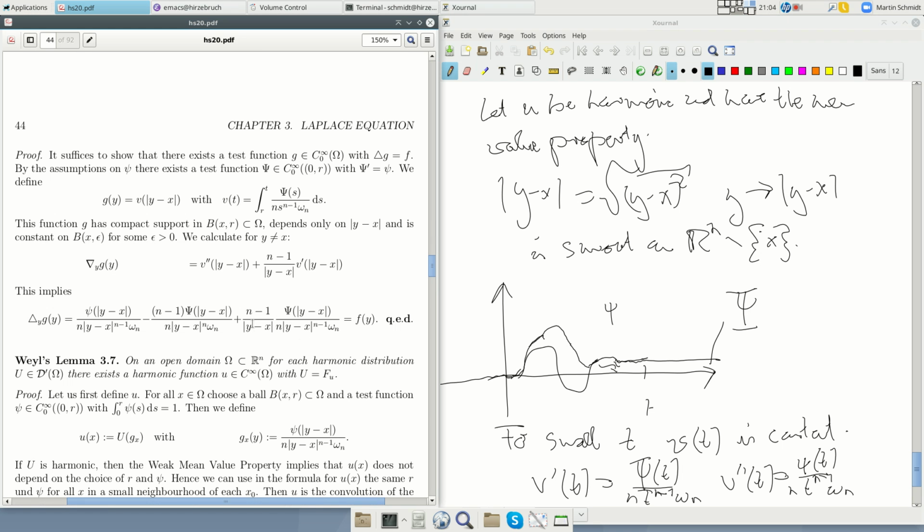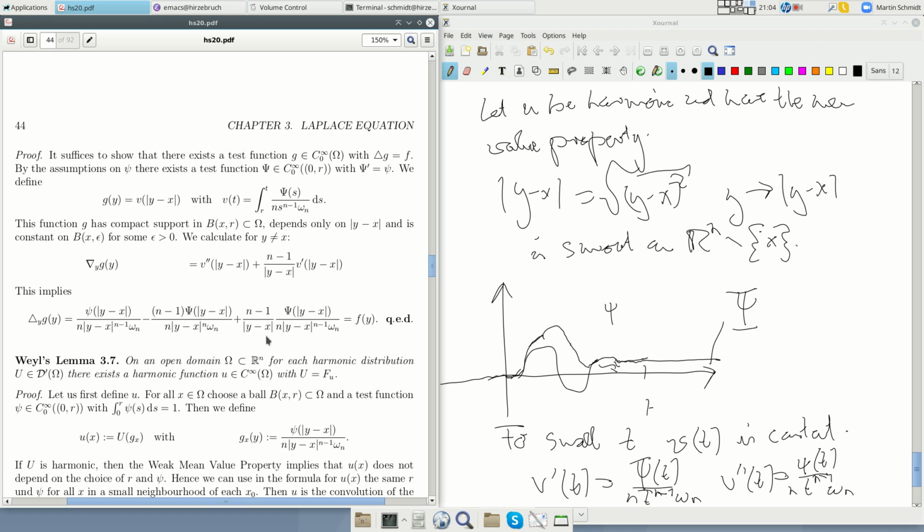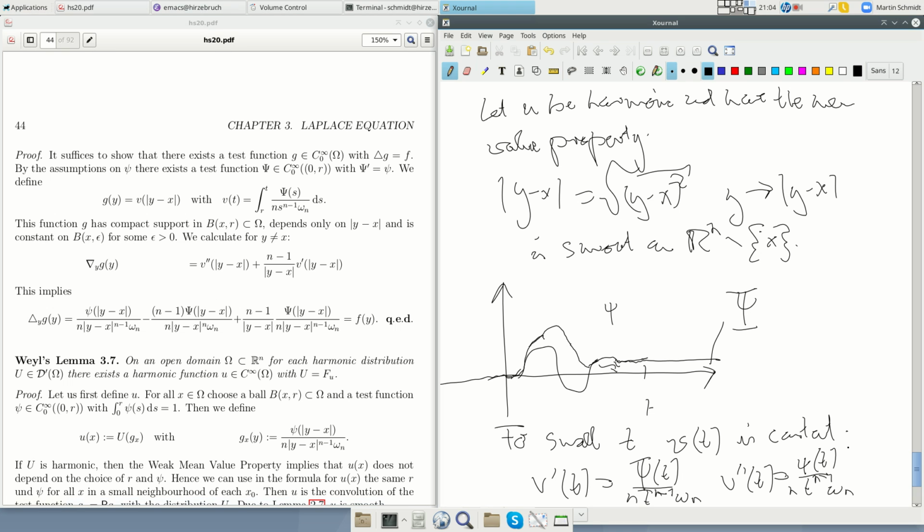And of course, if we take the derivative of t to the n minus 1, then we get an additional factor. So if we do the calculation here, so what is the next term?